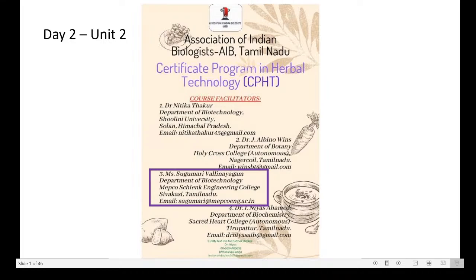Yesterday we discussed the classification of some medicinal plants and how we can classify them in the plant kingdom. Today's session is going to describe some medicinal plants' details, their geographical location, uses like that, and then we are going to discuss how we can cultivate these medicinal plants and how we can collect them.